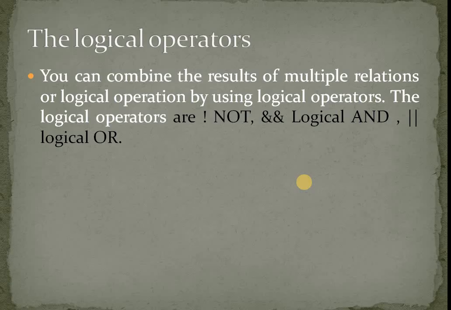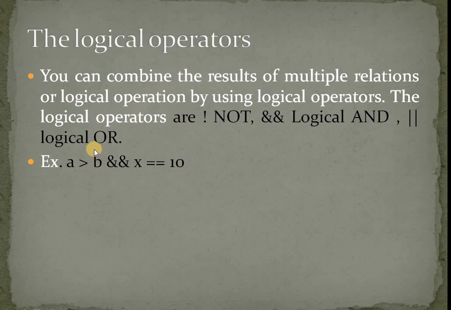The logical operators are: the exclamation mark is NOT, double ampersand is logical AND, two pipe signs are used for logical OR. Your example is given: A is greater than B and X is equal to 10. So you already know the truth tables of logical AND, logical OR and logical NOT. In AND, both conditions should be true.